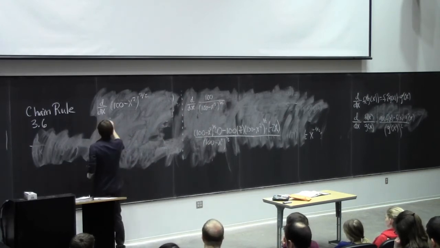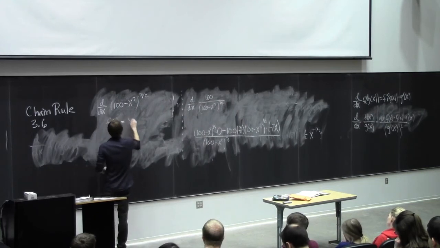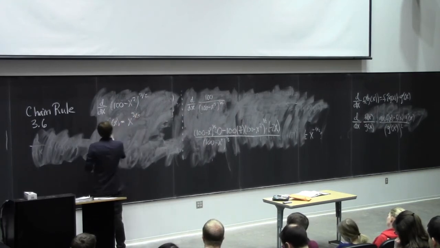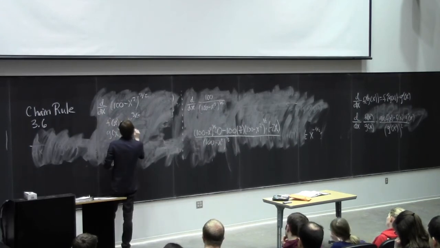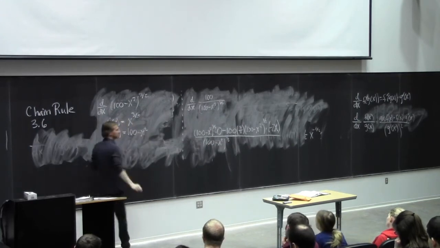So I say f of x is equal to x to the 3/2, and g of x is equal to 100 minus x squared.